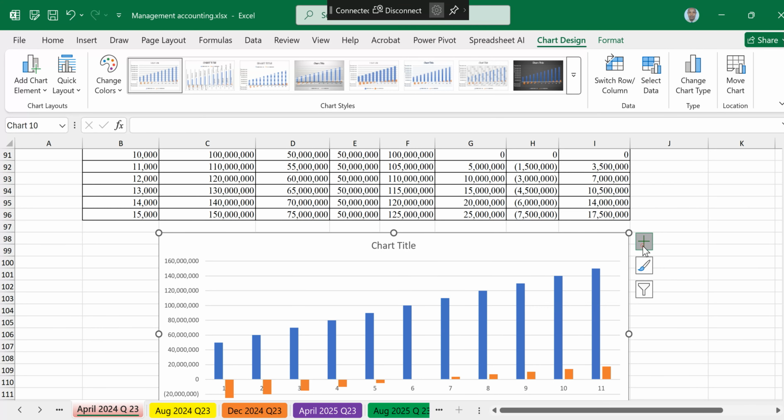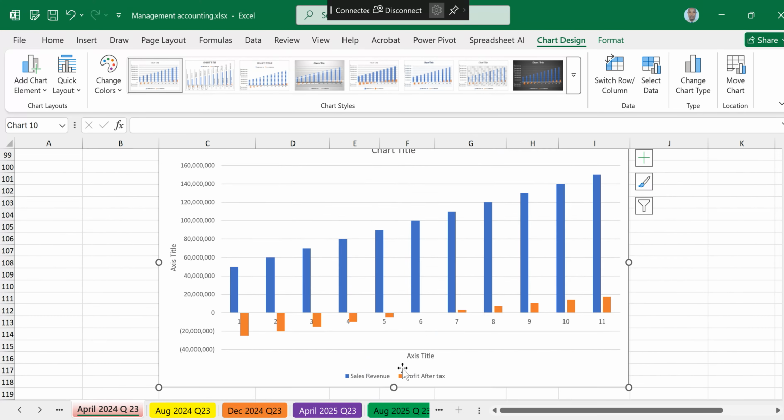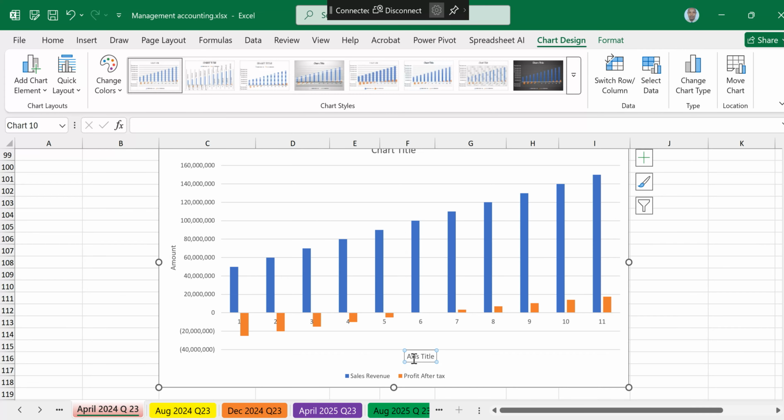Just give it the axis titles. Up there is amount. Down here we put period.